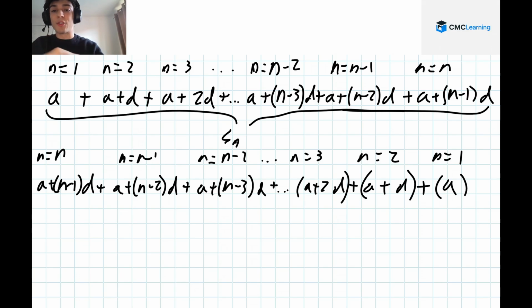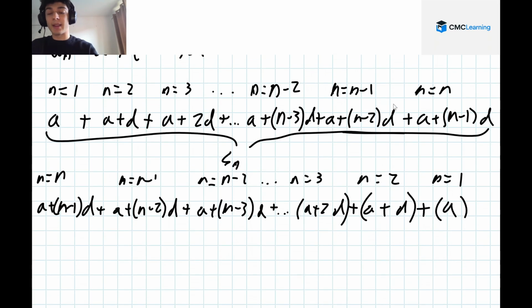And the trick that mathematicians exploit to figure out this sum, essentially they look at 2 of these sums added together individually. And what I mean by that is, let's have a look at the first term in our normal order, if you will, which is going from the smallest to the largest value of n. We have this value a here.